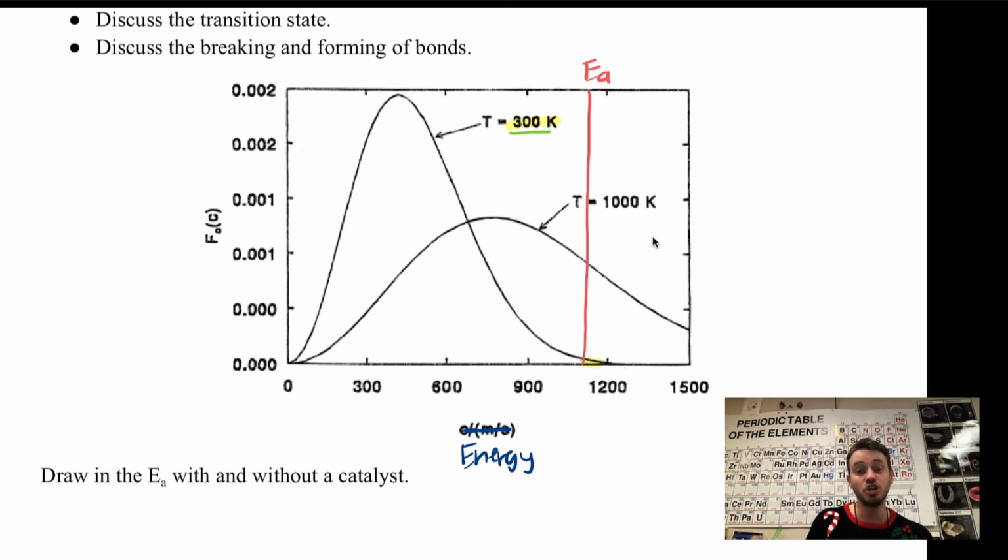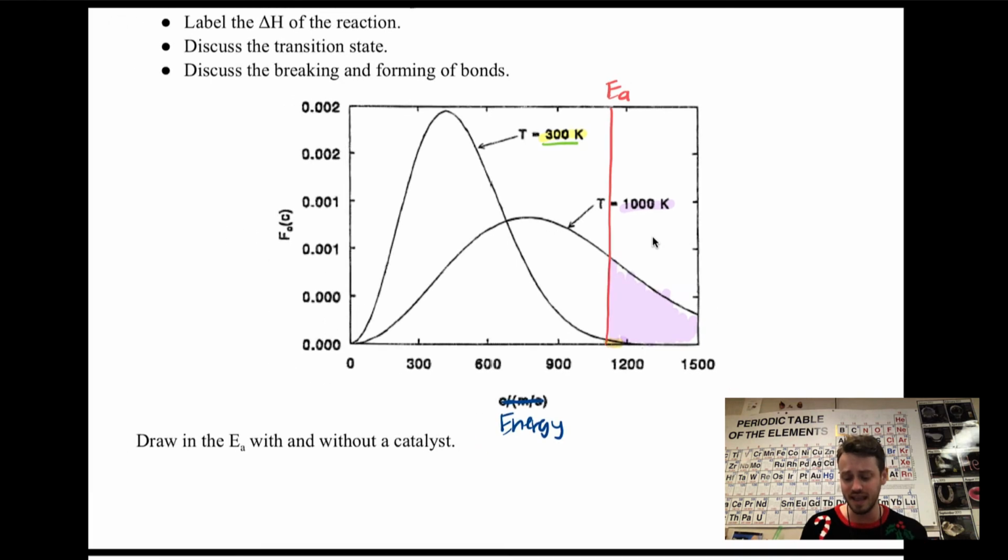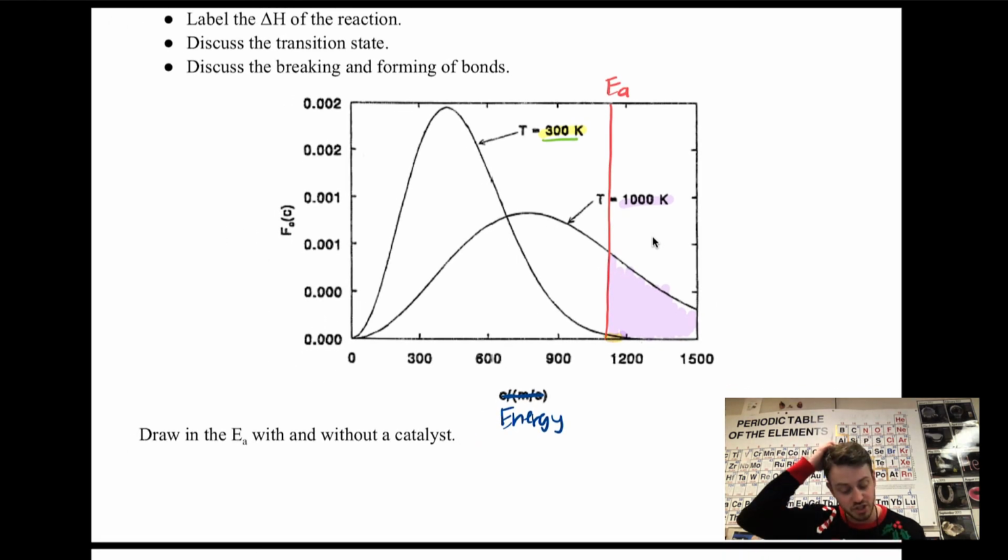If I increase my temperature, more of my reactants have enough energy, so when they collide, there are many more successful collisions. So we can see that increasing the temperature would increase the number of successful collisions.